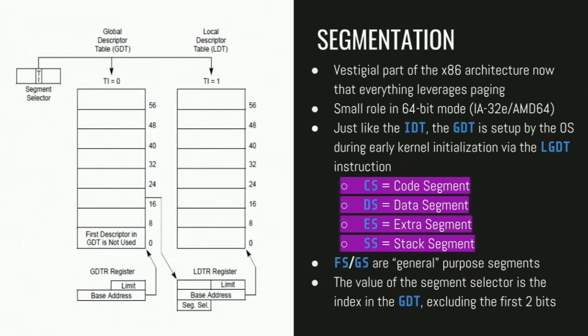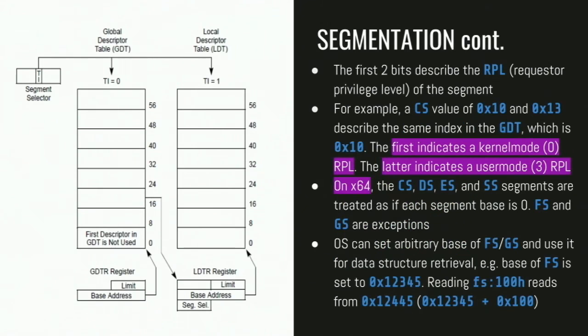And all of these segment selectors are just indices inside of the global descriptor table, very similar to an IDT, set up during early kernel initialization, describing how that region of memory works. Because paging exists nowadays, it's super irrelevant. What operating systems still use are the FS and GS segment selectors, because you can still set arbitrary base addresses in 64-bit mode.